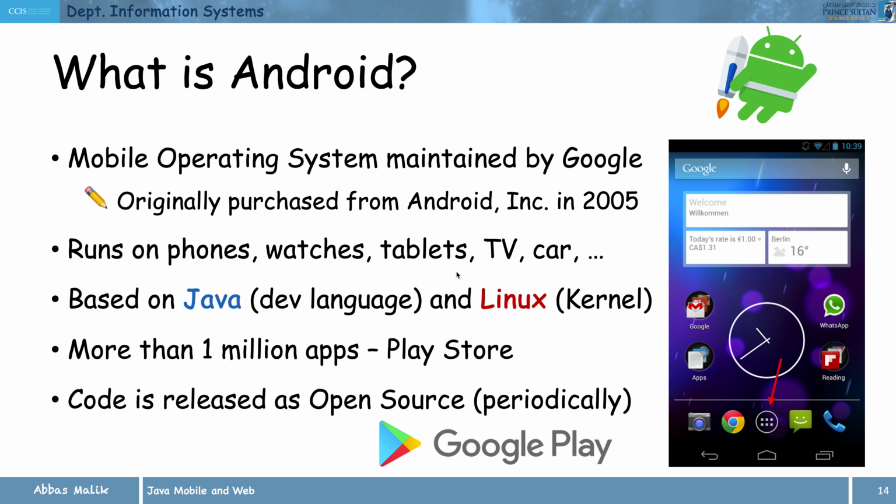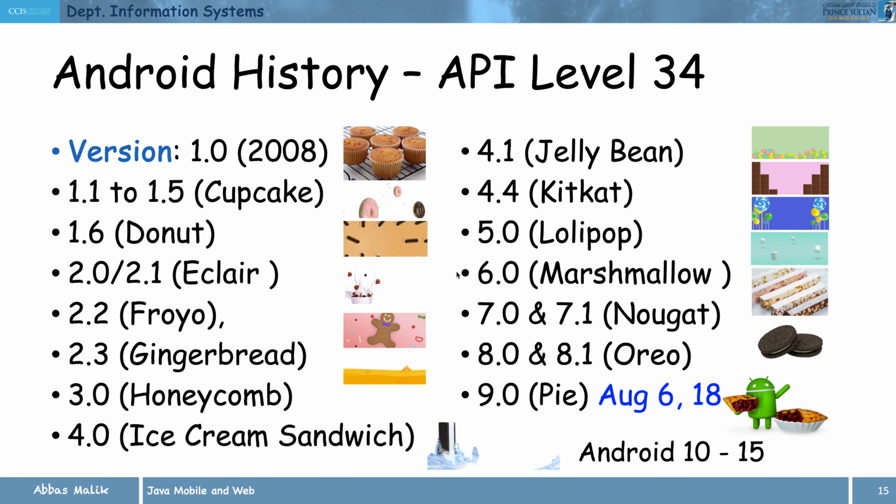For example, right now I think we are talking about Android 15. Am I right? Android 15 is the latest version. So maybe Google has released the complete source code for Android 14 or Android 13, a little bit back, because this is the latest version.